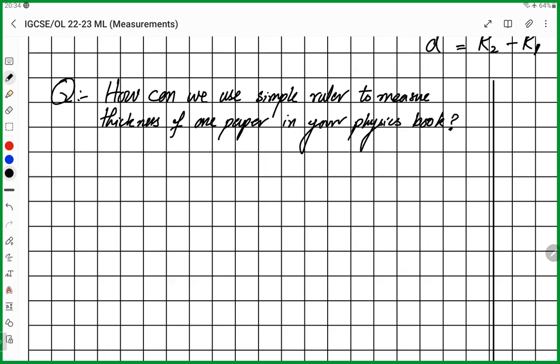How can we measure the thickness of a single paper in your book?